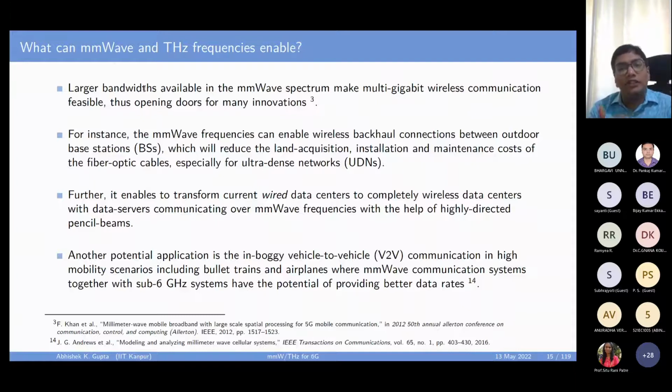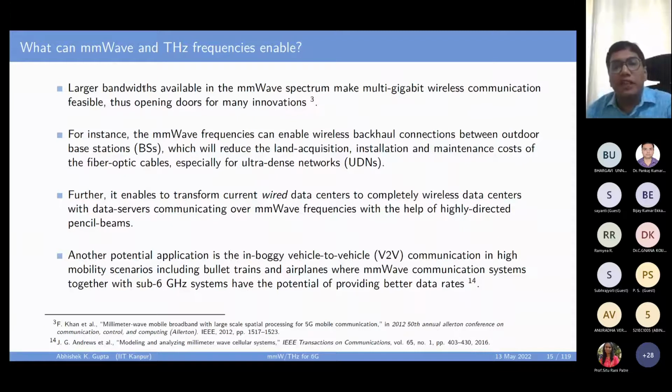So although you only see the link to your base station, there is a backhaul network between all base stations, which takes your data and sends it to the other nodes. These backhaul connections are generally wired because they must support a large number of users. That requires a lot of cost because you have to get the land and install these cables, and especially when you go to ultra dense networks, these requirements will keep increasing more and more.